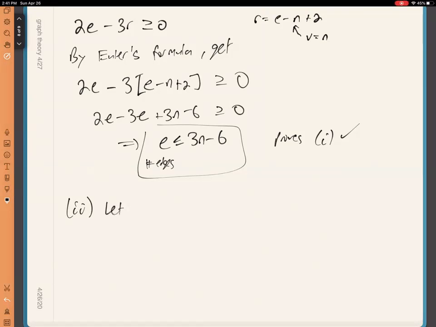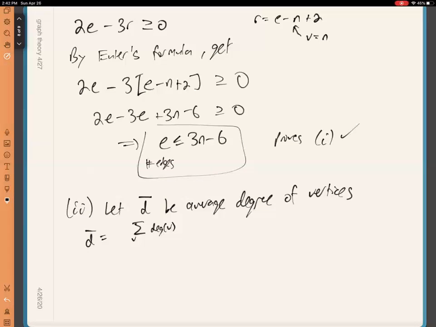So let's say D with a bar over it is the average degree of vertices on the graph. In particular, D is the sum over the degree of each vertex divided by the number of vertices, which is n.